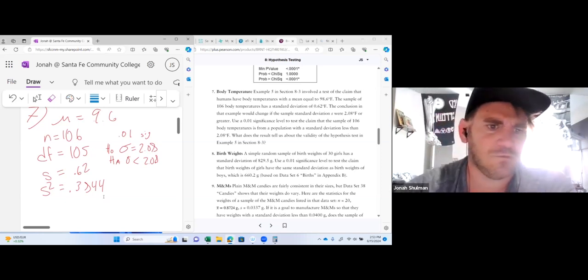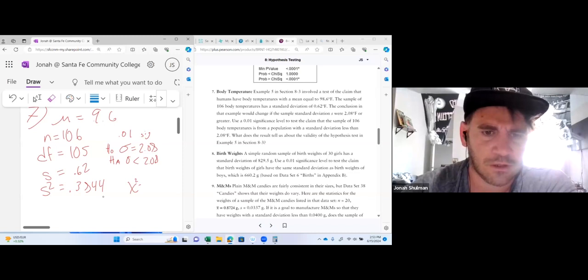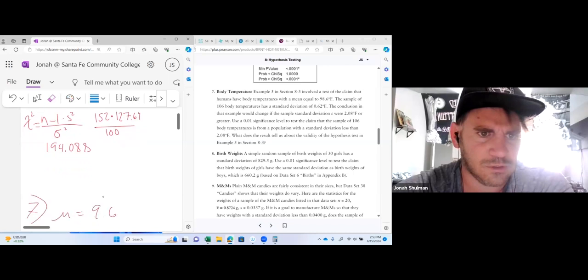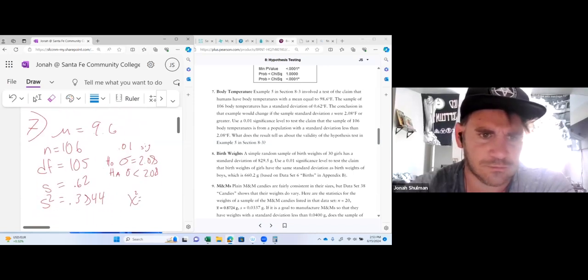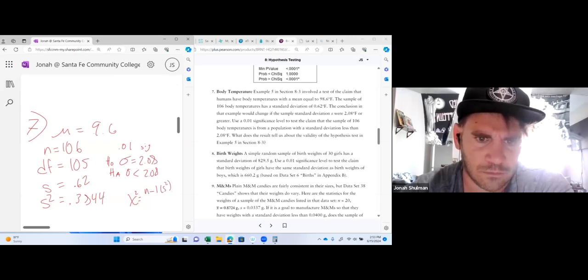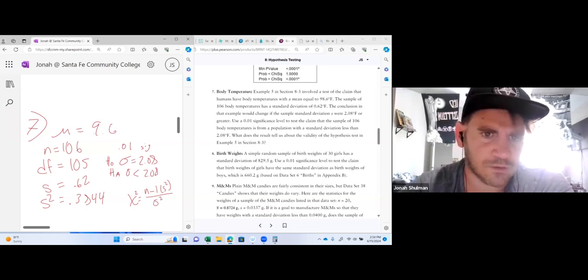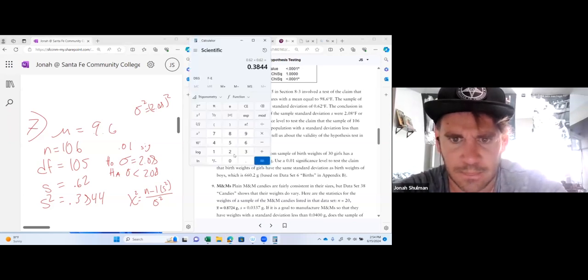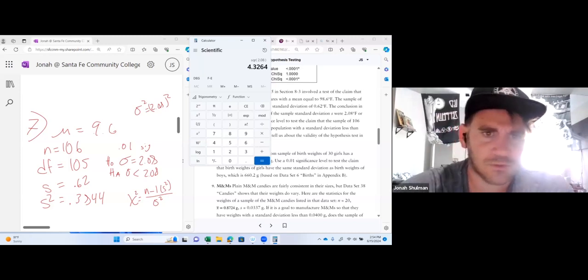So the chi-squared formula basically says for this statistic, n-1 times s squared over what? So I have to square this. So this squared is 2.08 squared, 4.3264.